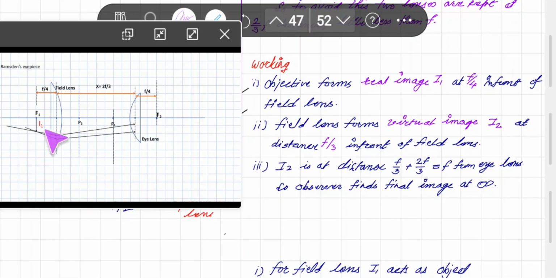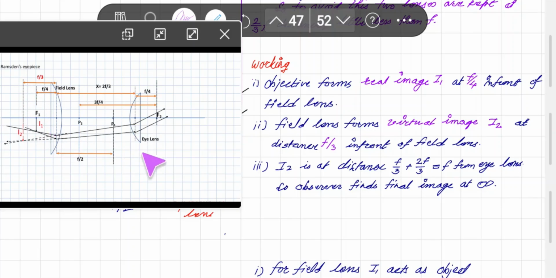Remember that I1 is a real image at f/4 in front of the field lens, and the field lens forms the virtual image I2. When these rays are extended back, this image I2 is formed. Image I2 is due to the field lens, for which the object is I1, and I2 is at a distance f/3 in front of the field lens.